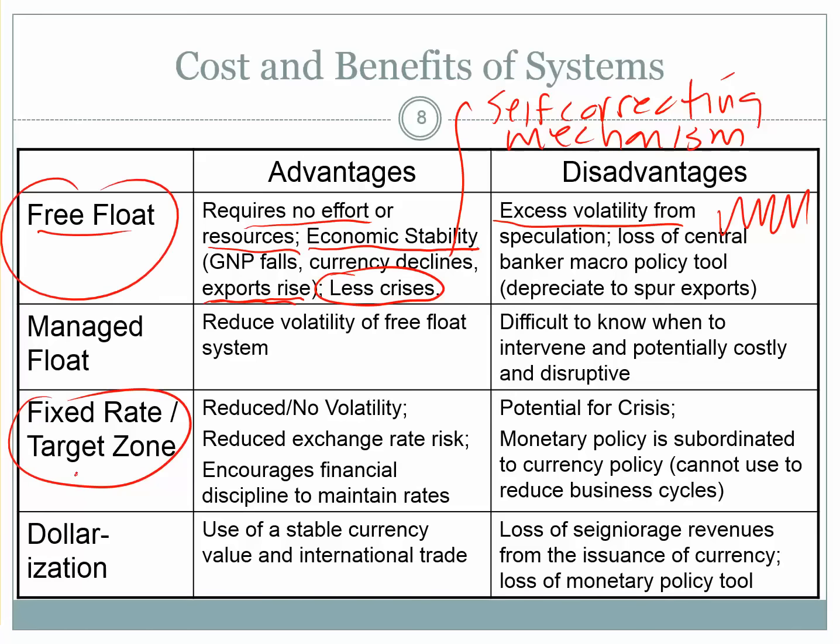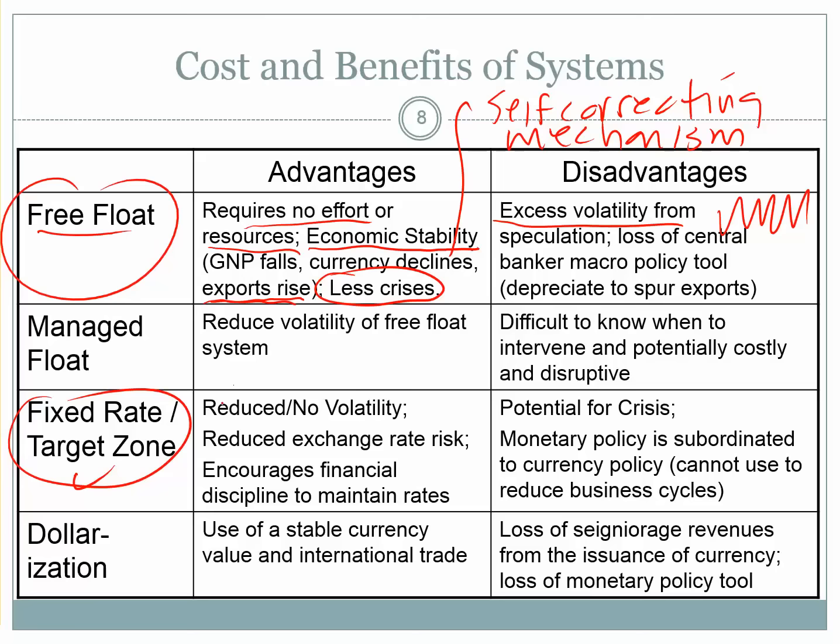So let's talk about the opposite of that, on the other end of the spectrum, the fixed rate or target zone system. This is a system where the exchange rate is either pegged to something like gold or the value of another currency, or within a region you agree upon a fixed exchange rate among the region. Again, the most extreme is actually the eurozone.